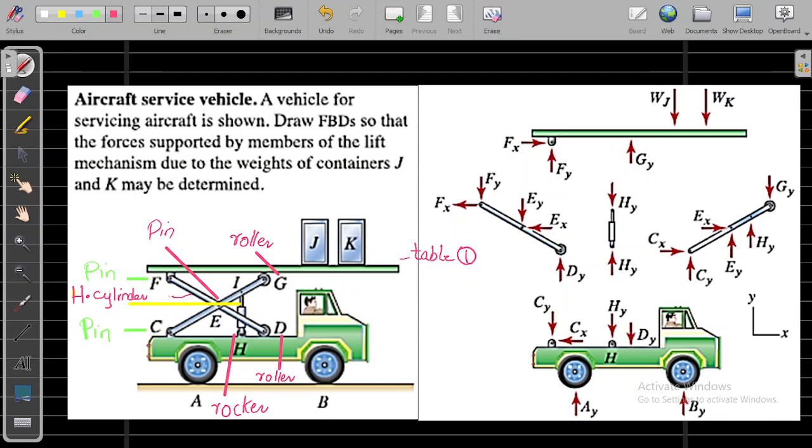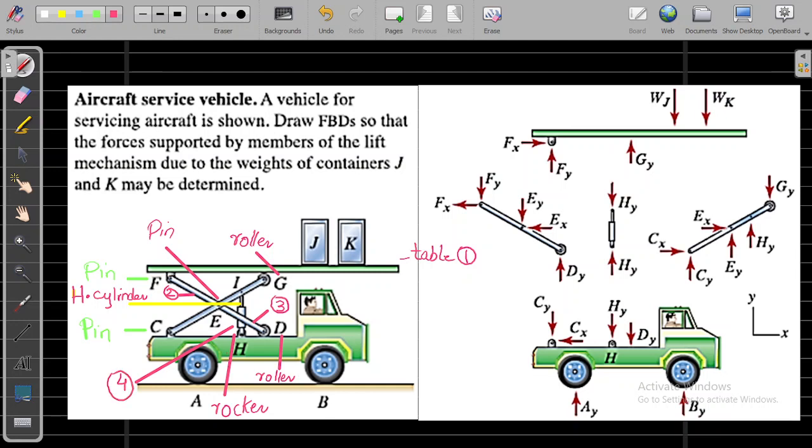We will give this scissor the number 2 for the solution, and this one will be given the number 3. This will be given the number 2, just to ease our calculation. And this hydraulic link over here can be given the number 4. In the last we can say this is 4.